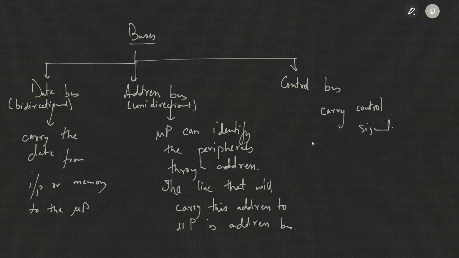All these control elements associated with the microprocessor, coordination, timing, synchronization, need to be carried forward through certain lines, and there are separate lines for them. These are known as the control lines, and they carry this type of information. There may be related or unrelated information that will be seen.